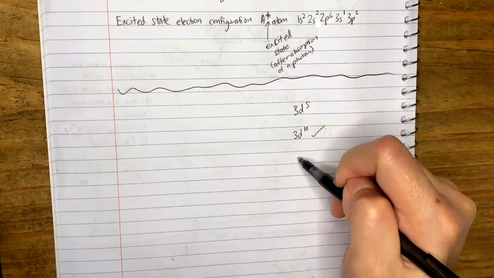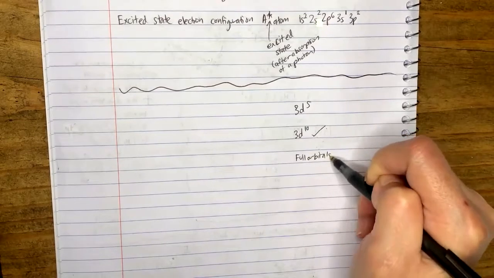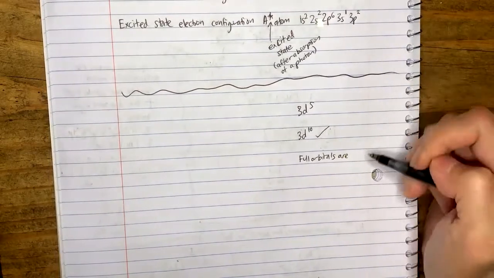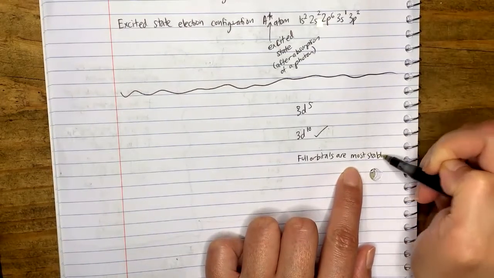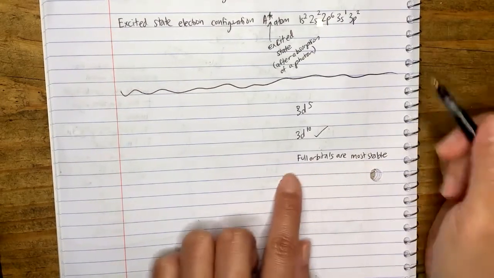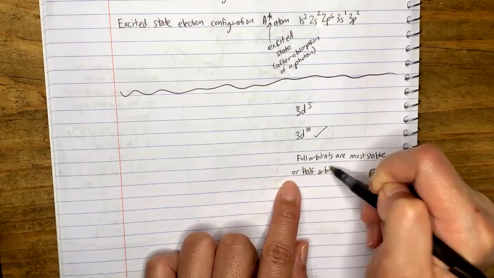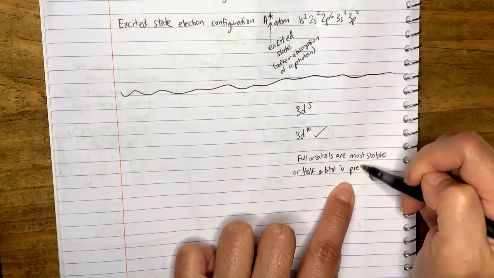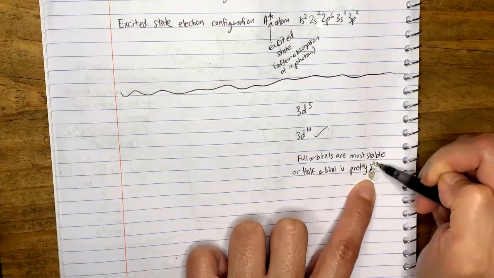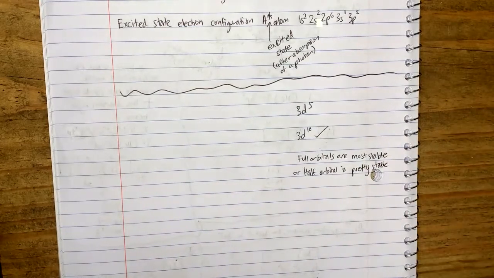Completely full orbitals are most stable, so they prefer to fill up all the orbitals, and half-filled is pretty stable. If you can't get a full orbital, they'll try for half.